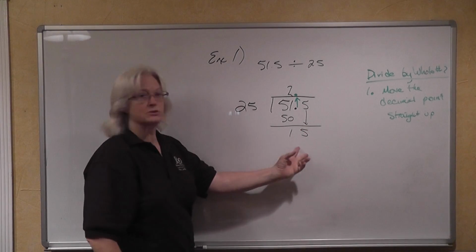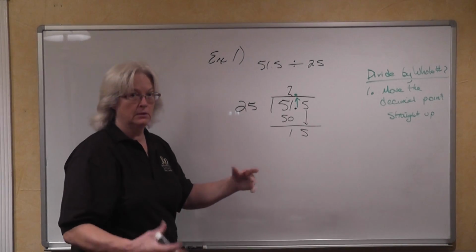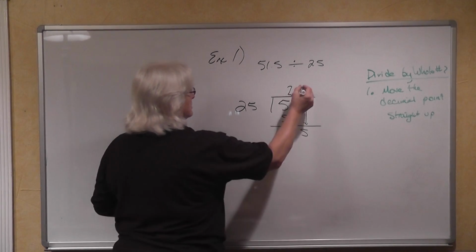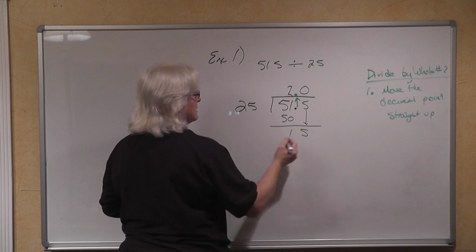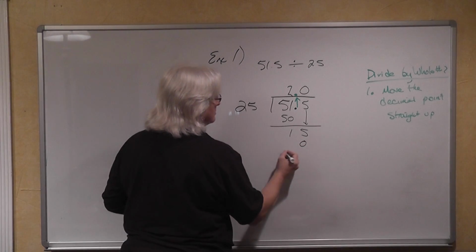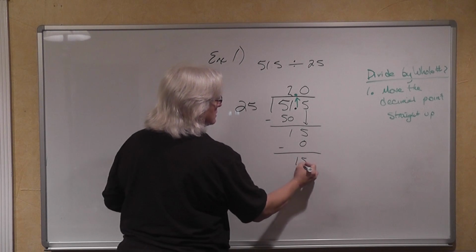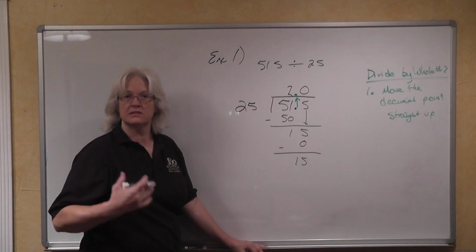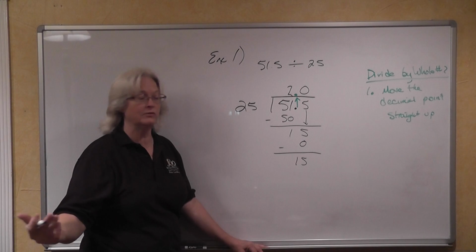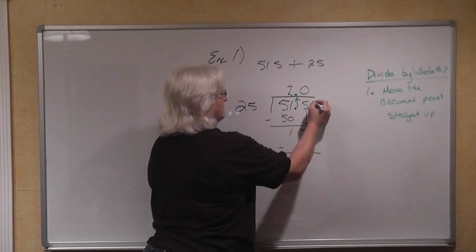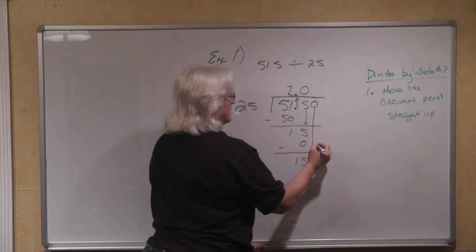How many times does 25 go into 15? 0. 0 times 25 is 0. We're going to subtract. We have 15, and just as if you were doing regular division, we have to add a 0 so we can bring that down as well.